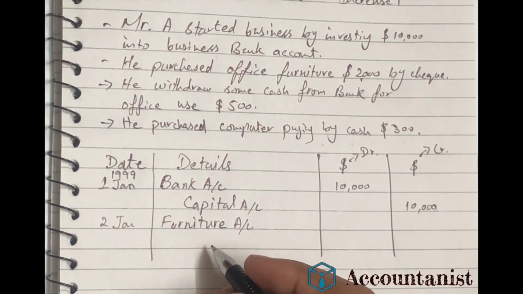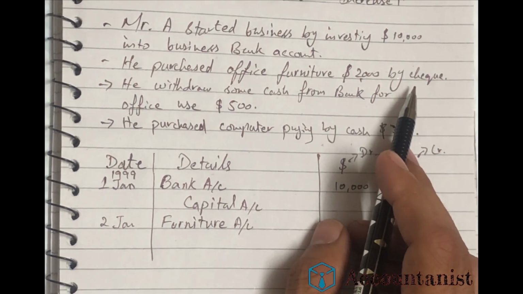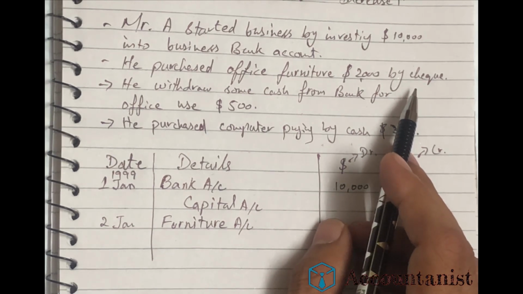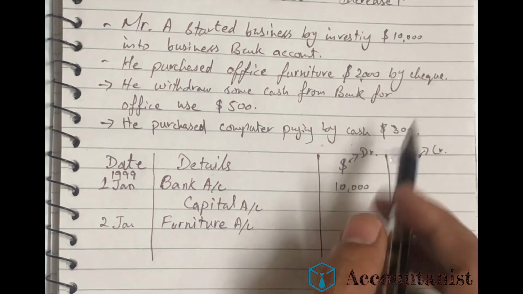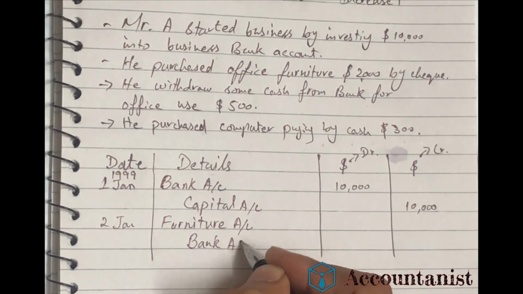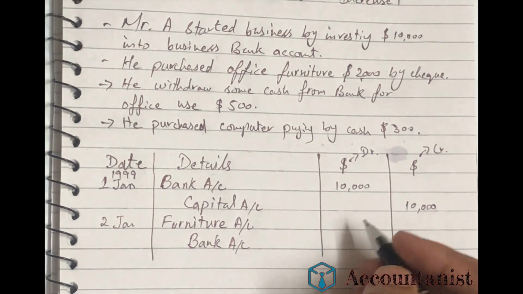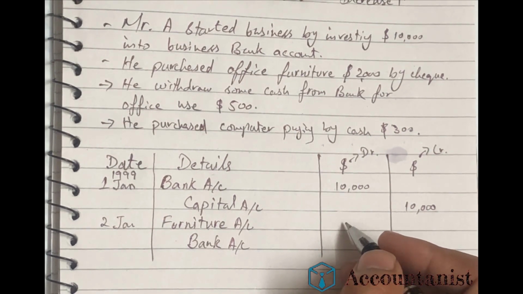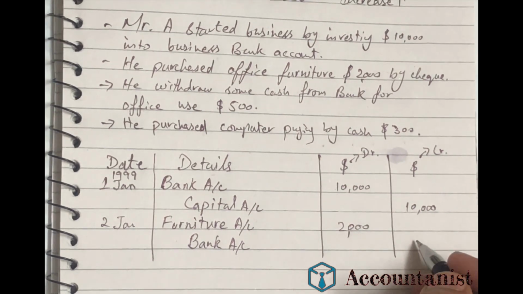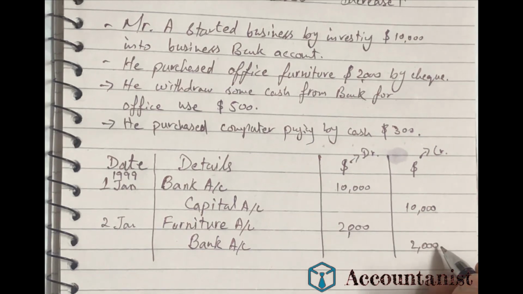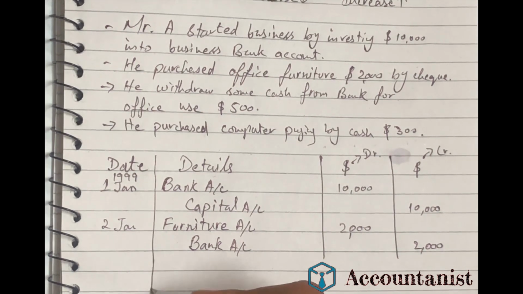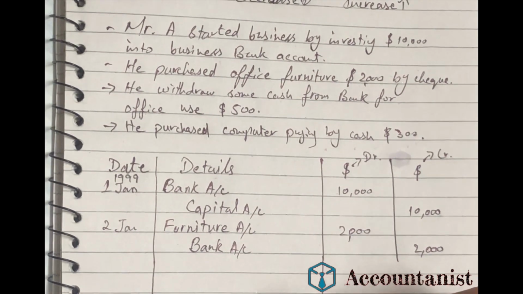And the second element is our bank account, because if we are going to make payment by check, our bank balance is going to be reduced. So we'll make a credit in our bank account. So the furniture amount will go on the debit column, that will be $2,000, and the bank account amount will go on a credit column, because we are going to make the bank account credit.